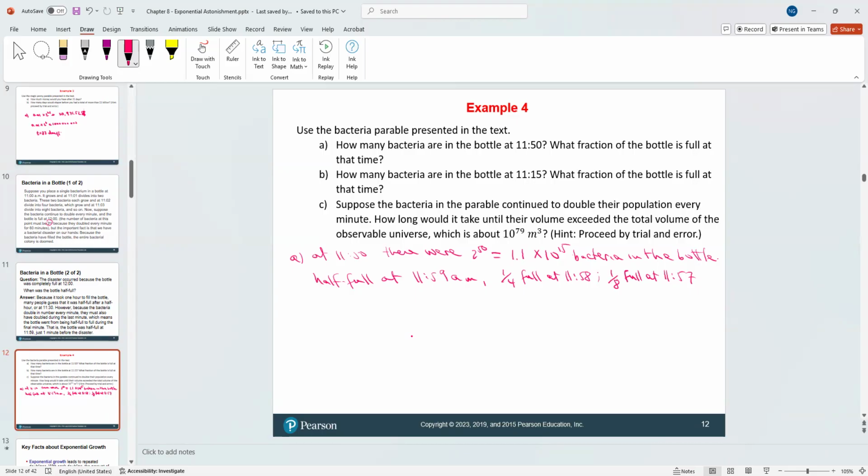So if you continue in this manner, we find that the bottle was, if we continue that way, 1 out of 1024 full at 11:50. So that's how you figure out how much we had in there at 11:50.